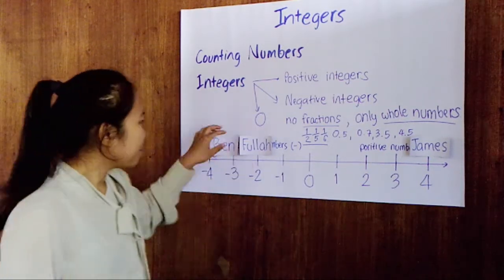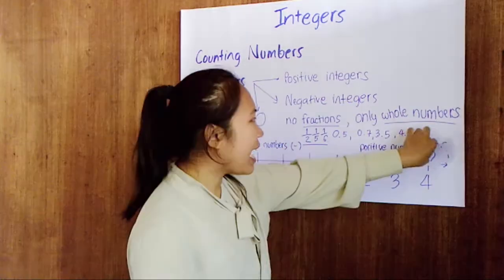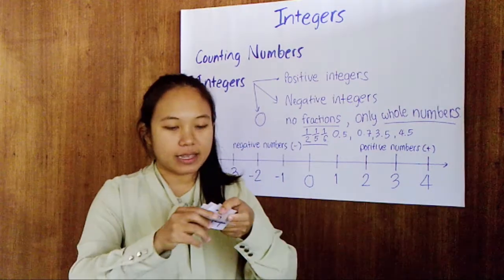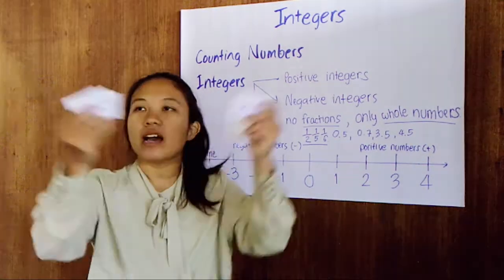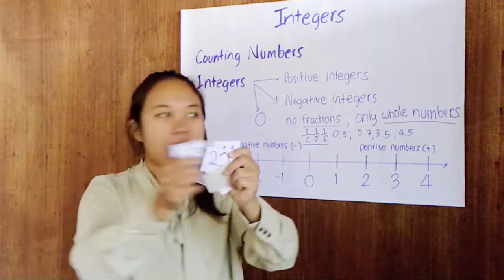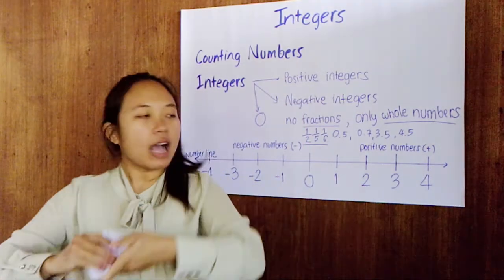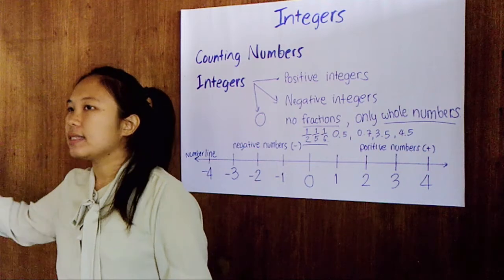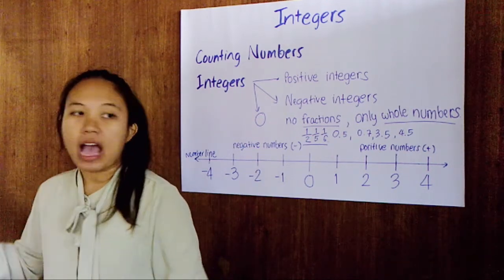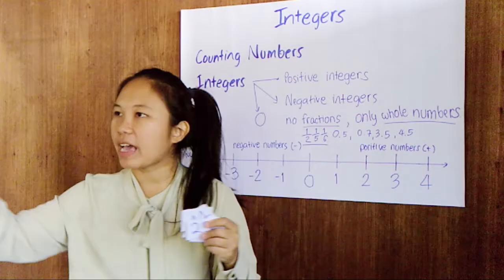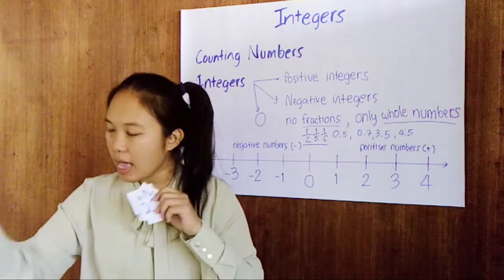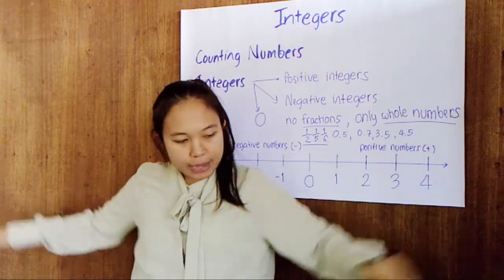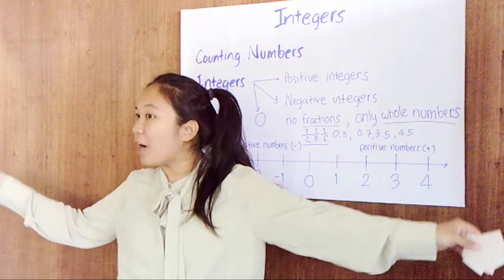Okay, do you understand this? I will check if you really understand. What I've got here are the integers. Everyone will get one integer, and you come out in front of the class and line up.